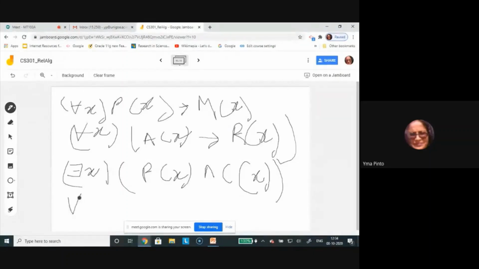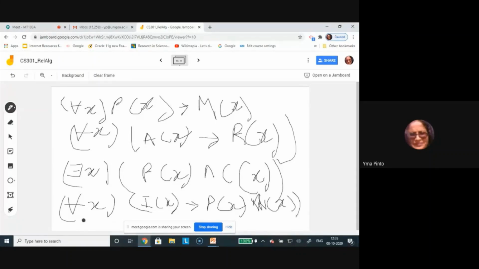Let's see how I could interpret this. For all x, I of x implies, say, P of x or N of x. This is or.